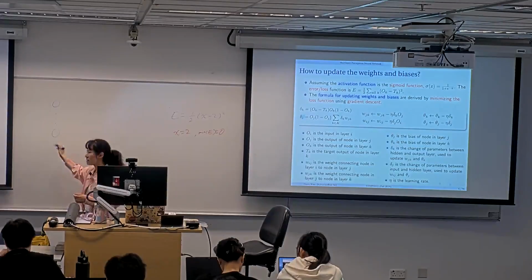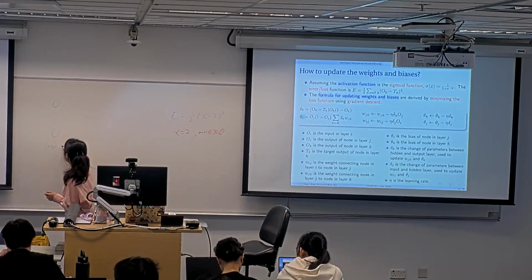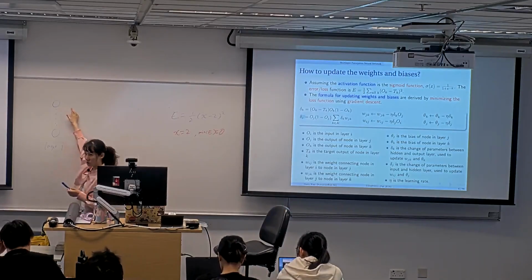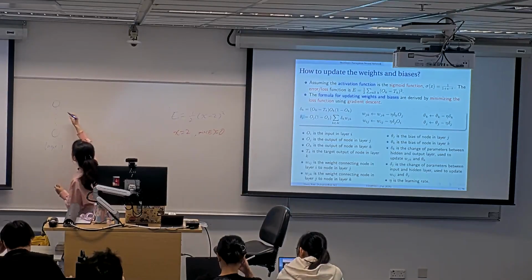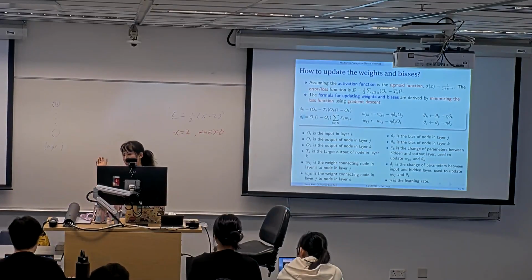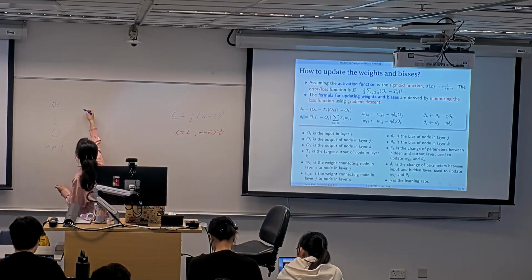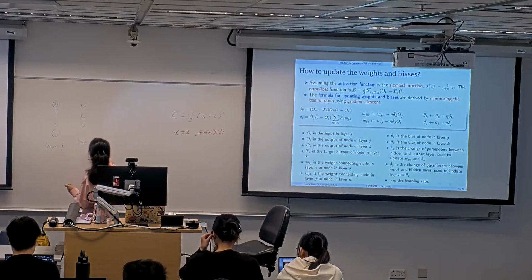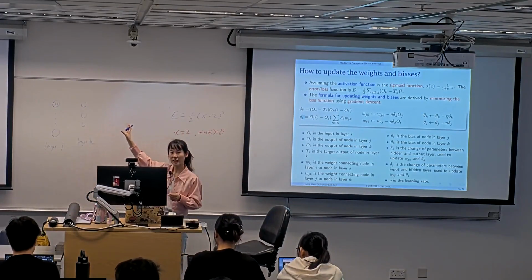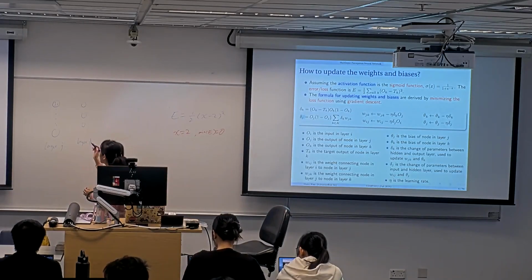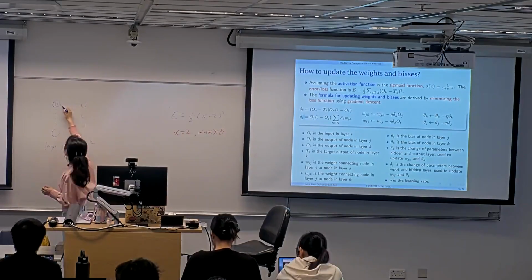Suppose this is a hidden layer, layer J, and suppose now we only care about this node. We call it J1. In our output layer, we possibly have multiple nodes. Just suppose that we have 3 nodes in our output layer, layer K, and J1 is connected to all of them.